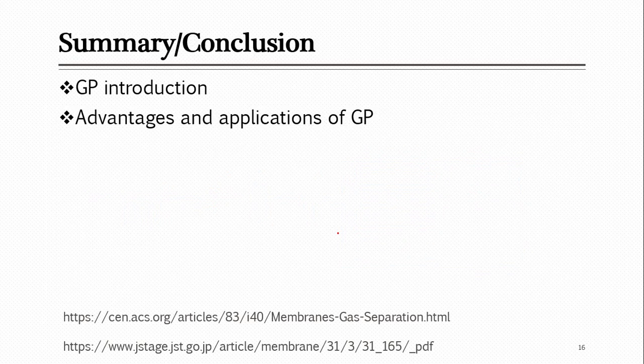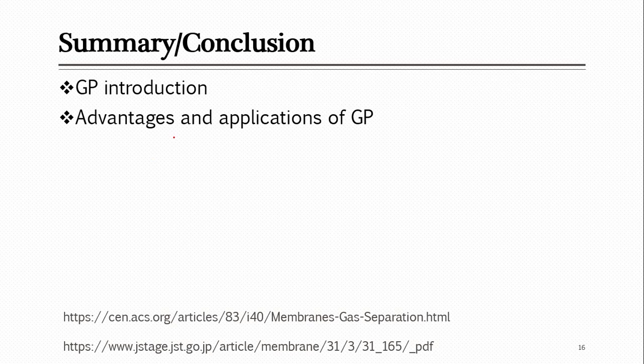In this lecture we started with a simple introduction to the gas permeation process, when and why we go for gas separation through membranes. Initially we talked about various technologies which are used on industrial scale for gas separation, but they all suffer from some disadvantages. Due to this, it was necessary to go for a membrane separation system.